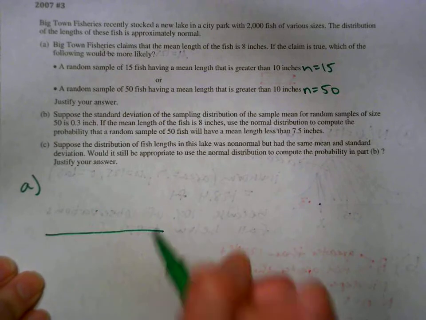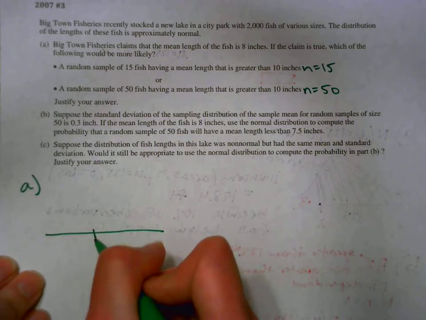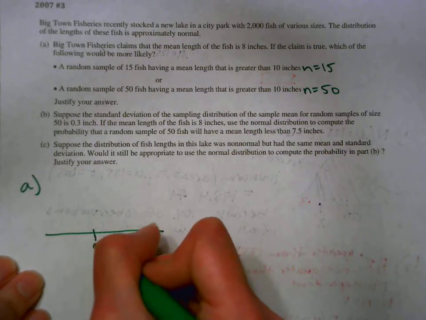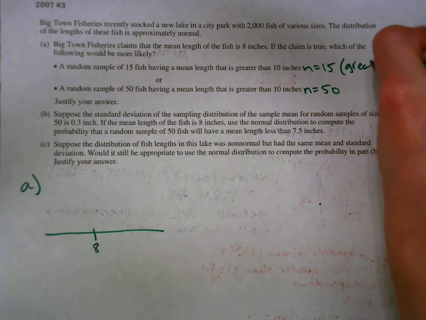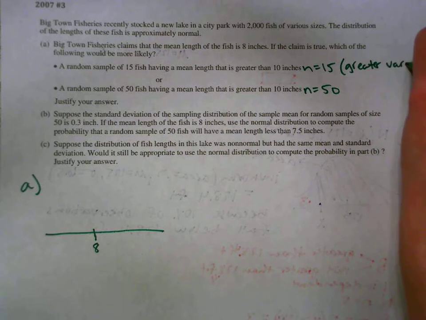So when you create a sampling distribution, they're both going to be centered at the true mean, which is 8. But changing the sample size is going to change the variability, right? A smaller sample size has greater variability, greater range. And since 50 is a greater n, it should have smaller variability.